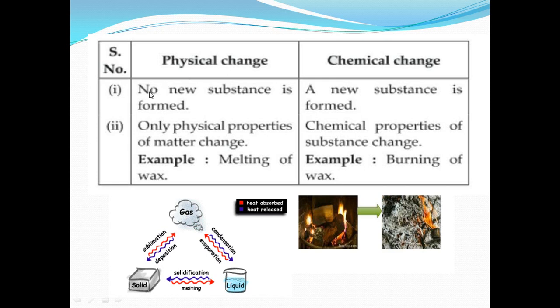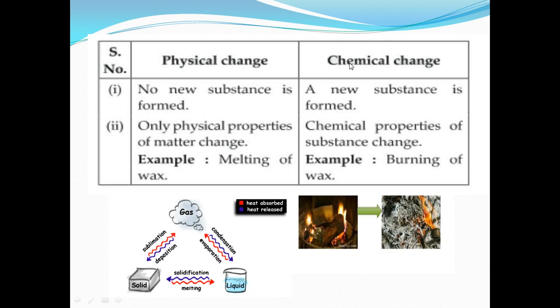So in the physical change, no new substance is formed. What is happening in the physical change? Only physical properties of the matter change. Here it is solid, change into liquid, change into gas. Just the physical properties, which is here physical state. Example, melting of ice, melting of wax.